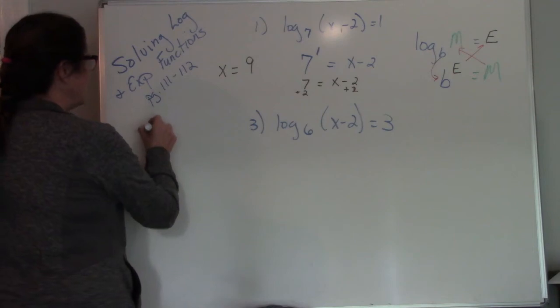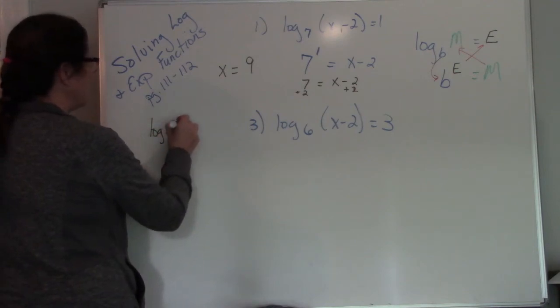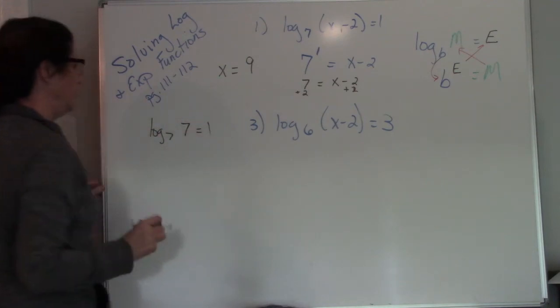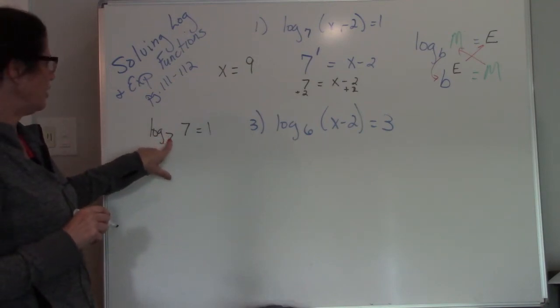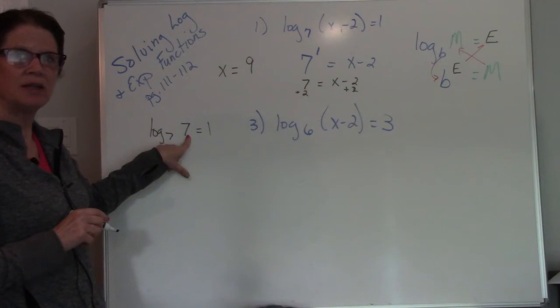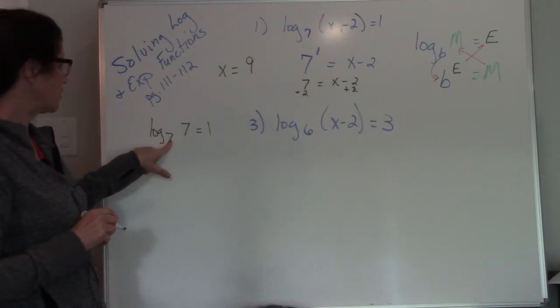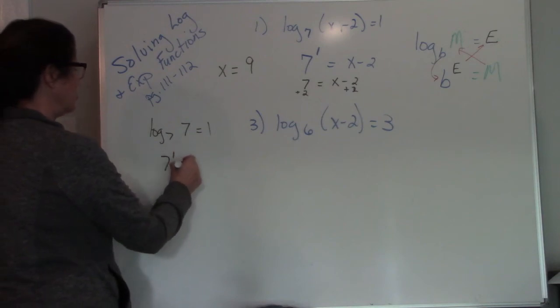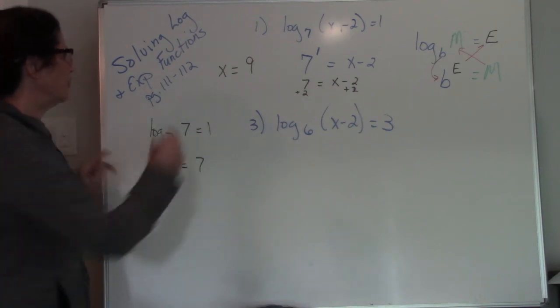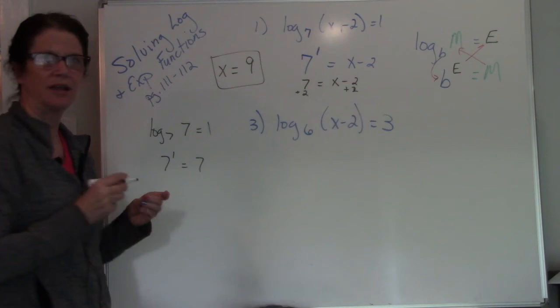So I have log base 7 of 7 equals 1. Again, a log is asking what's the exponent on 7 that gives me 7. The exponent on 7 is 1. So 7 to the first power does equal 7, and I know that is the correct answer.